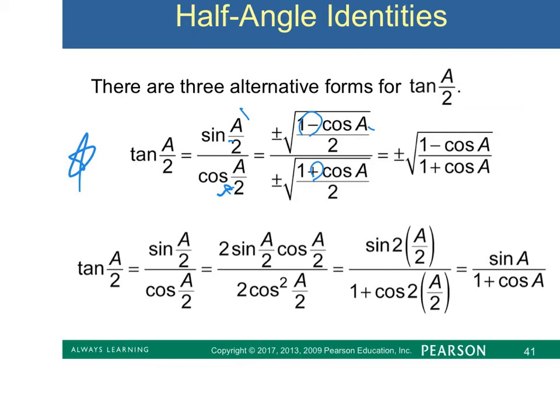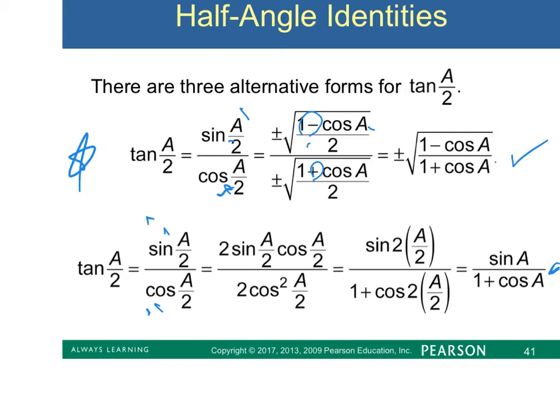I like this method of just doing sine over cosine. I've seen another formula for half angle of tangent, but it'll just give you the answers, but this is where it comes from.